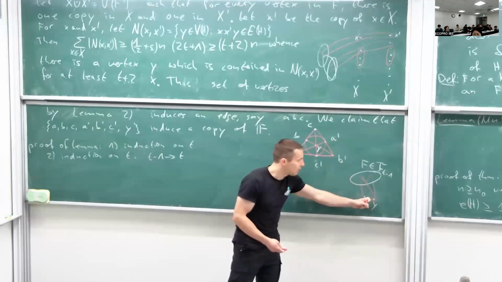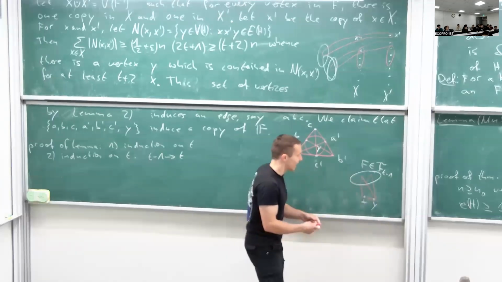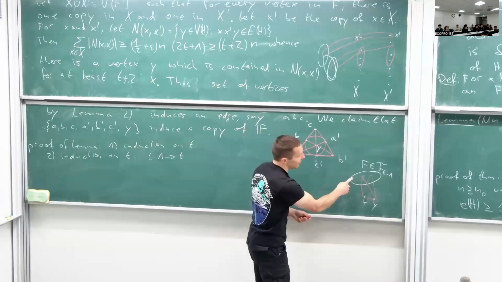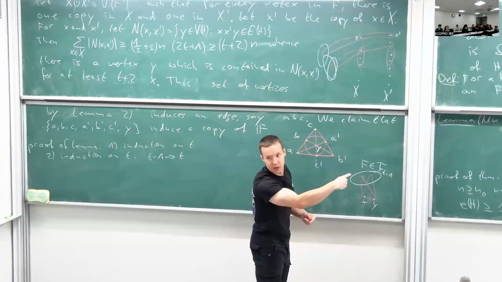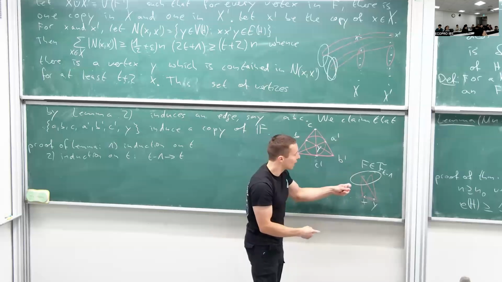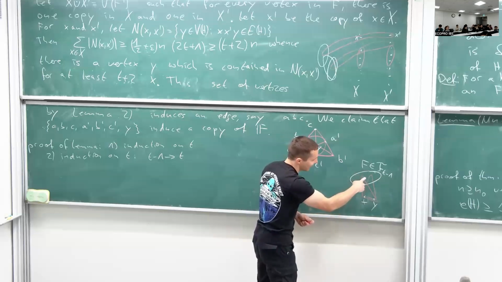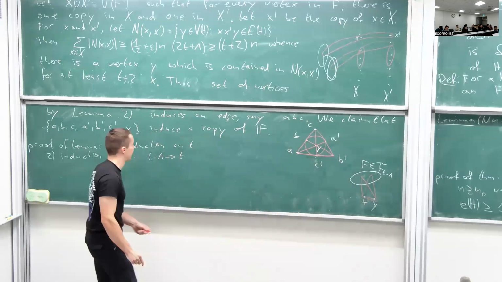But if we have these 2 vertices, then they have T neighbors to here, but how large is this set of vertices? It's just 2T minus 1. So we cannot have that we pick T vertices from here, and none of them sees an edge from these.